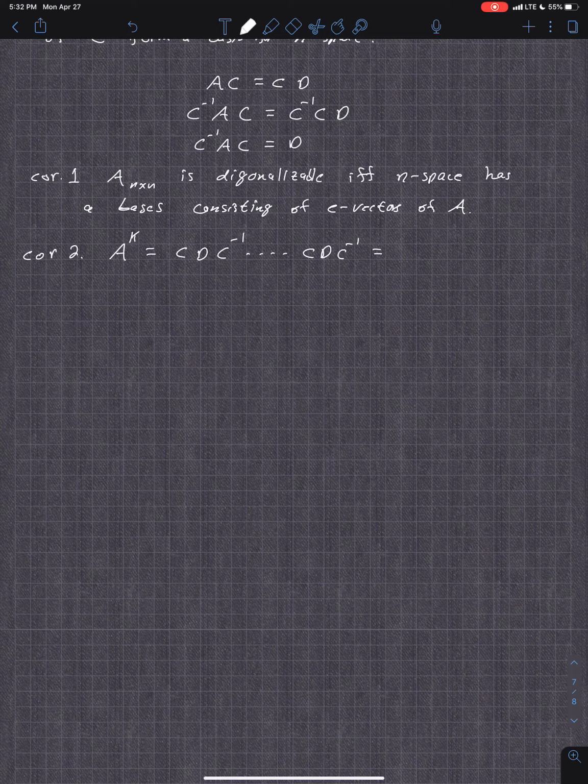I'm going to skip a bunch of this because it gets too long. Kind of showing you how this works anyway. And so you have K factors of that, and then all the C inverse C's are equal to I. So this ends up being just D to the K.